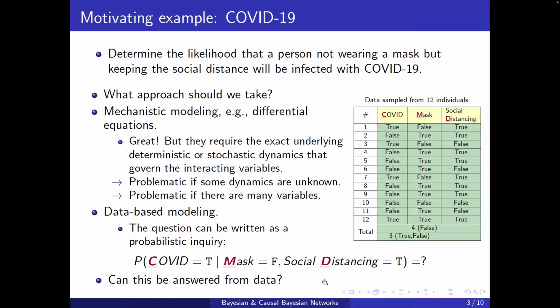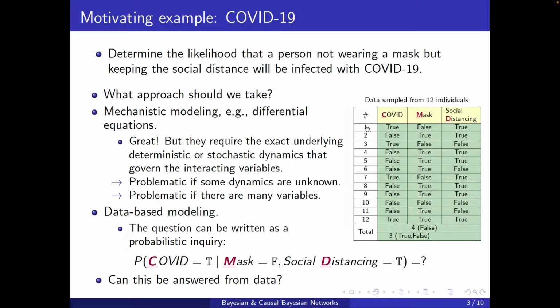Okay, you may ask, what type of data are you talking about? So for simplicity, just imagine that we have collected a data set from 12 individuals. What have we collected? So here we have 1, 2, 3 to 12, each row representing an individual.